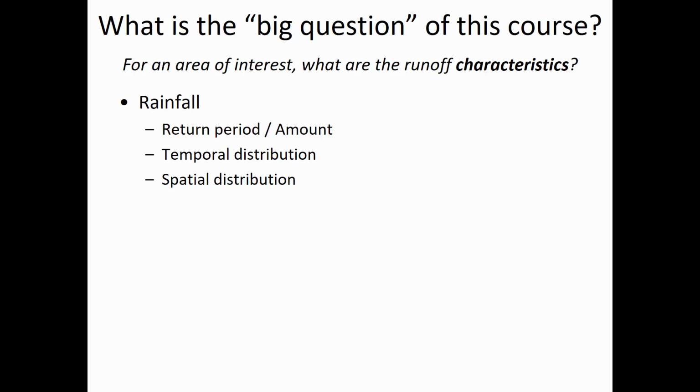And so the probable maximum precipitation for a large area is smaller than for a relatively smaller watershed, because a really intense concentrated storm can only occur over a smaller area. So spatial distribution is another way that we want to have all of this input data that's going to allow us to answer this question: what does the runoff look like?